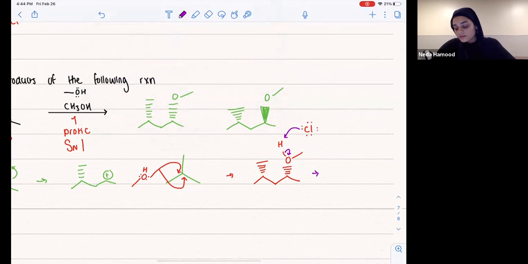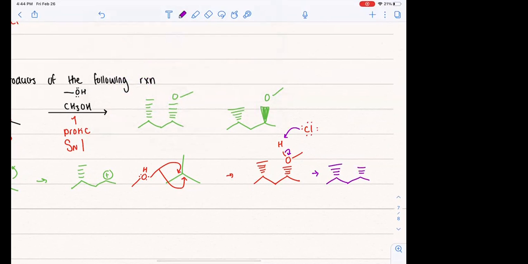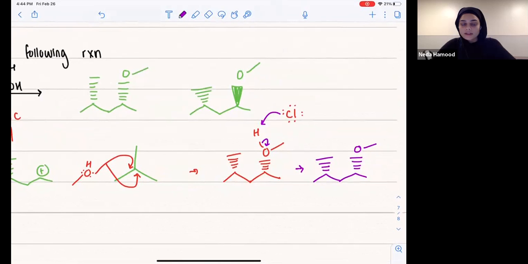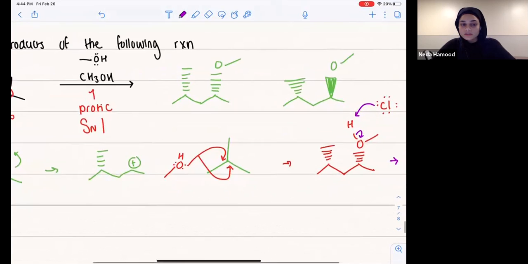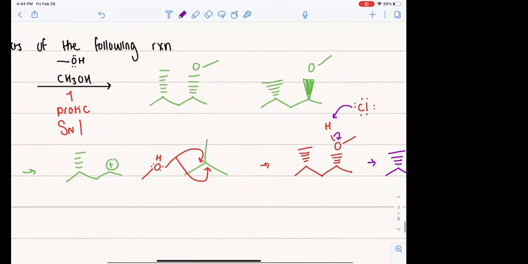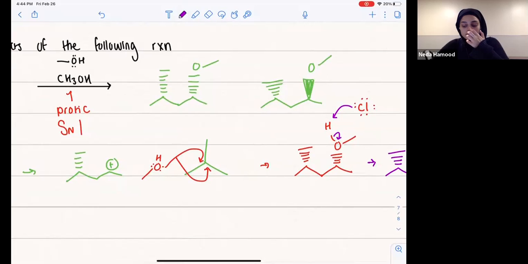Wait, what's happening with the hydroxide after the leaving group? That's a nucleophilic attack, but I'm confused with the drawing. What is happening to the hydroxide? Yeah, is that a nucleophilic attack? Yeah, the oxygen is going to be the nucleophile.